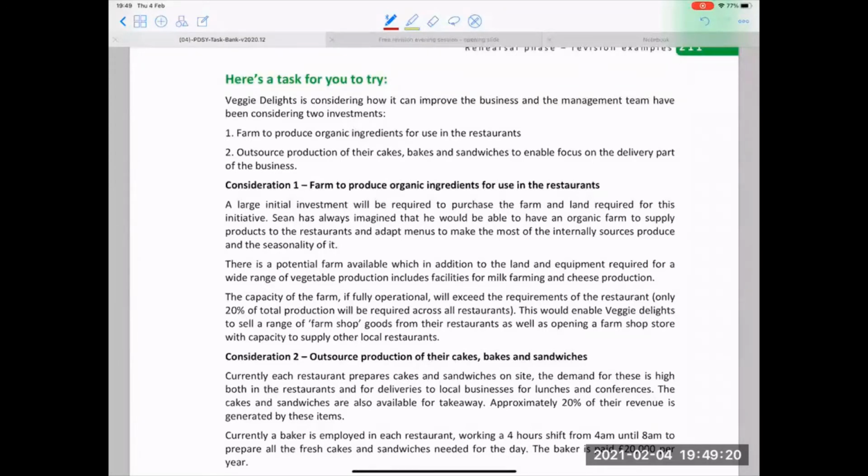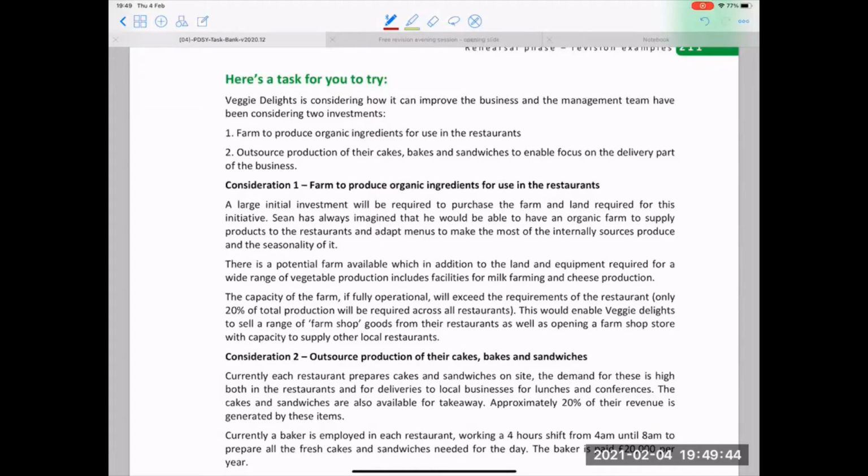Seems like quite a big option, just buy a farm. Or the second option is that they could outsource production of their cakes, bakes and sandwiches to enable focus on the delivery part of the business. Yeah, so quite 2 different options, and we've got some more information about those options.